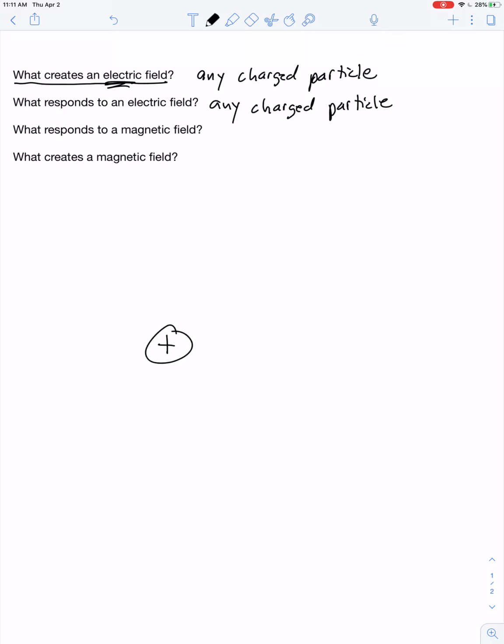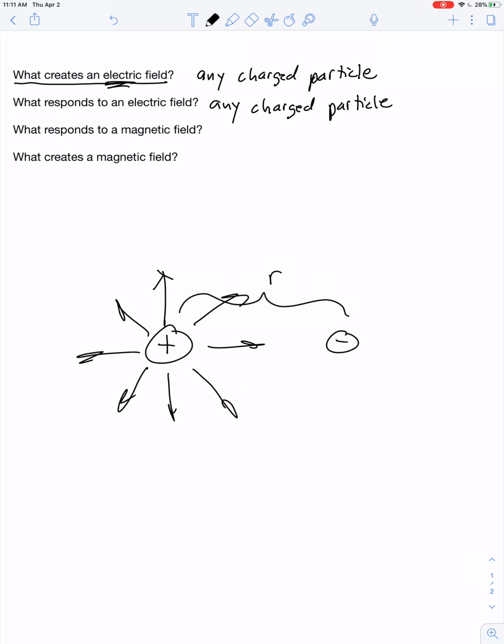So if I had that single positive charge that creates an electric field, and then I have near it some other negative charge sitting some distance r away from it, then that negative charge experiences a force of attraction, and that force of attraction we can calculate according to Coulomb's law, k q1 q2 over r squared. Actually, I'll get rid of the k, we'll call it 1 over 4 pi epsilon naught. That's the same thing as k, correct?